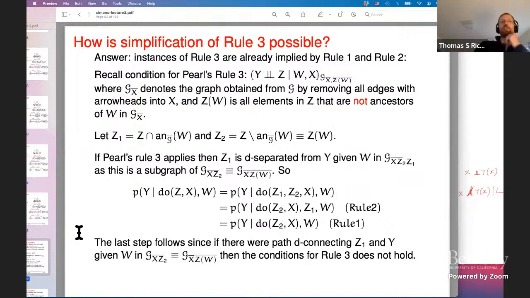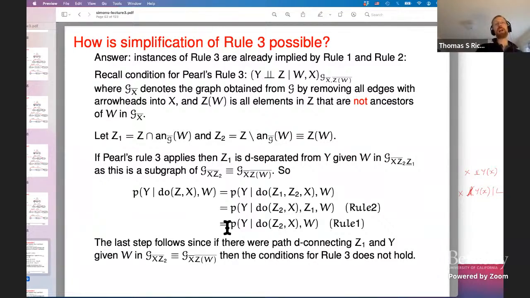The reason it's possible to simplify this is that in many instances Pearl's rule actually splits Z into two parts: Zs that are ancestors of W and Zs that aren't ancestors of W. It turns out that any Z that is an ancestor of W, when the condition in Pearl's rule holds, can already be removed using rules 1 and 2 in the graph where we've split on X. This is a typo; it should be G sub X bar here in these cases.